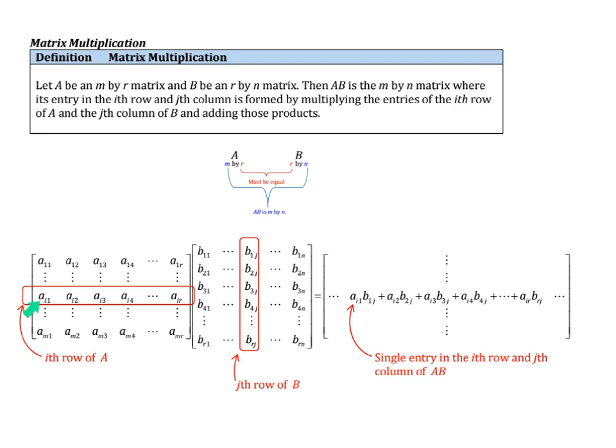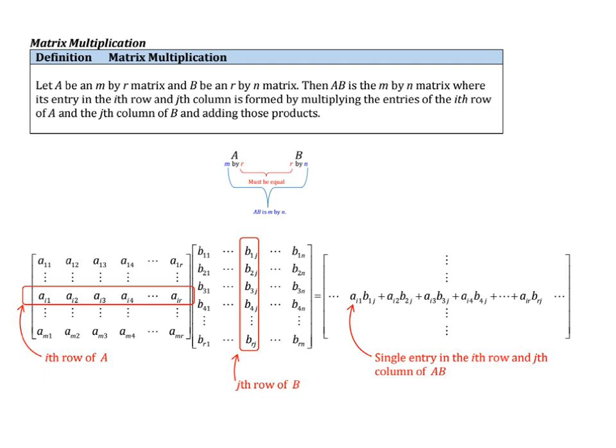So A i1 times B 1j, and then A i2 B 2j. So we multiply corresponding entries onward and downward. And then we add those products, all the way down.